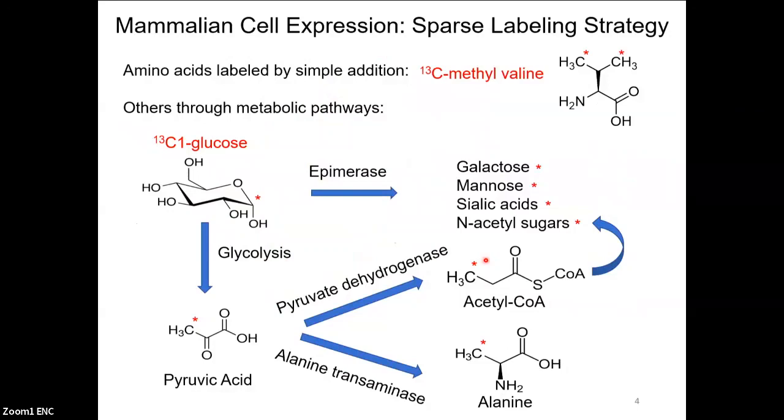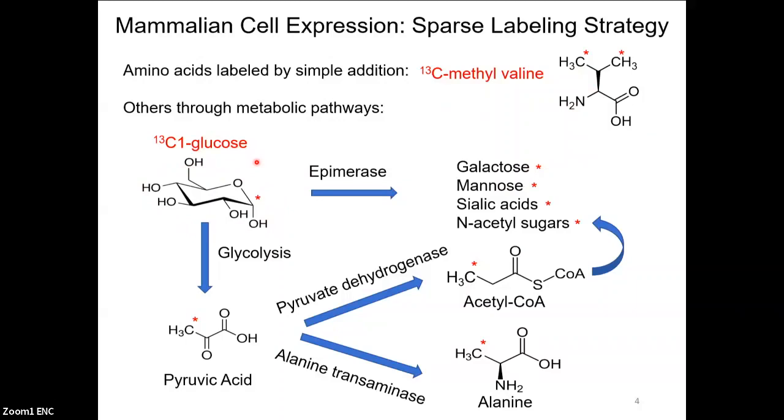In our case, where are those glycans related to the membrane surface? And for that, you don't necessarily need to label all the sites. So in the strategy we use, and what I'm going to show you, we've added dimethyl C13 labeled valine to the medium, and we've also added C1 labeled glucose.